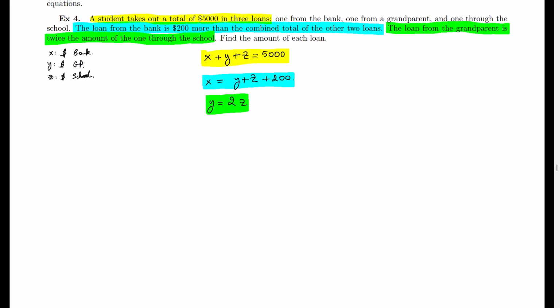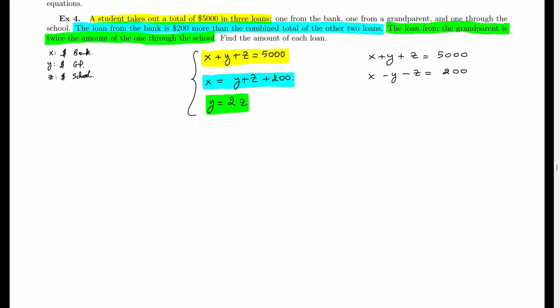And so now we have our three equations, and we're expected to find the values of x, y, and z. The first thing I'd like to do here is rearrange the equations so that we have a clearer picture of what's going on. So we know that x plus y plus z is 5,000. I'm going to move the y and the z on the second equation so that they are together with the x term. So that's x minus y minus z will be 200.